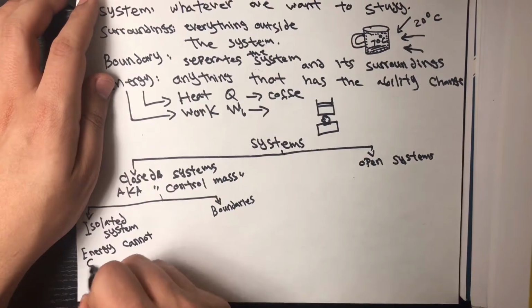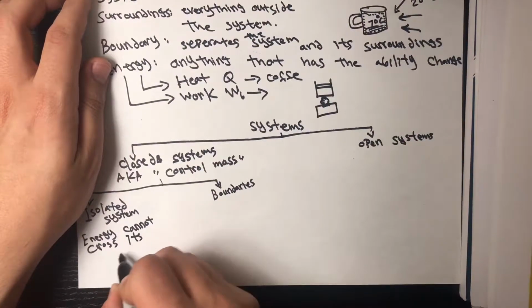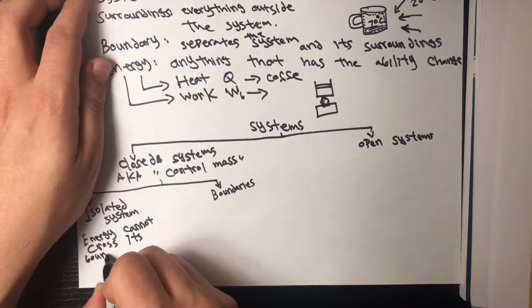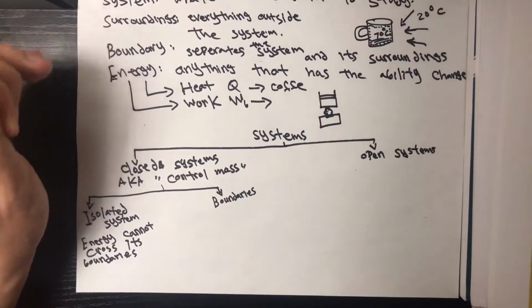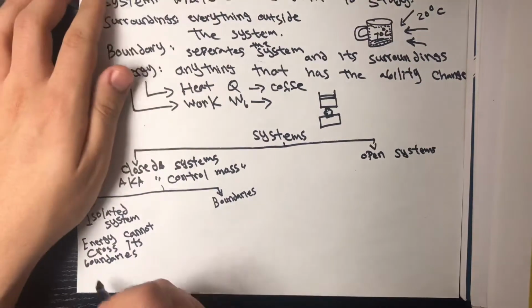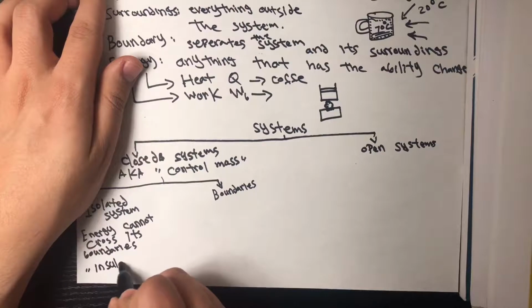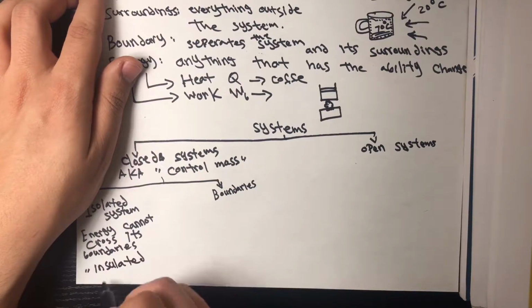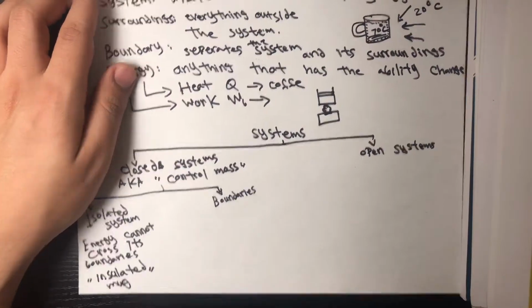its boundaries. So there's no way energy would flow in the form of work or heat. That could be like an insulated mug. The kind of mug that coffee addicts would use all the time.